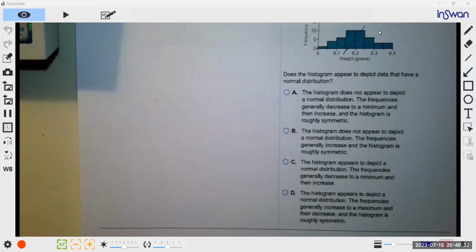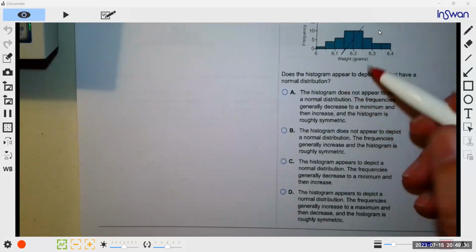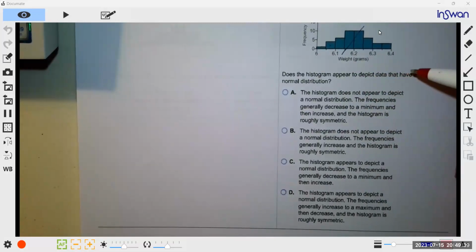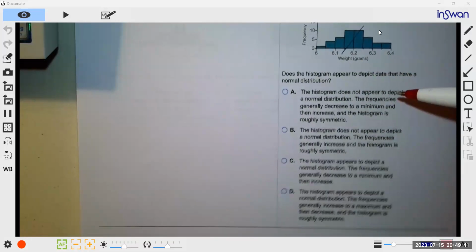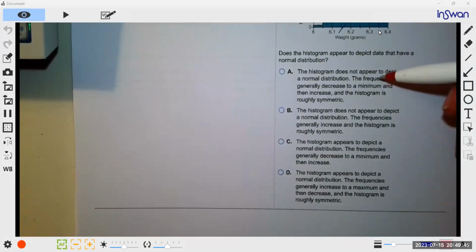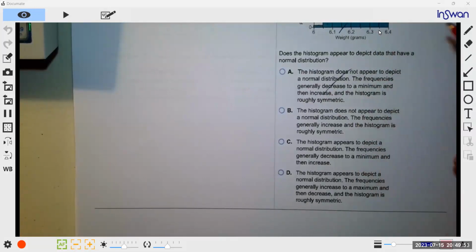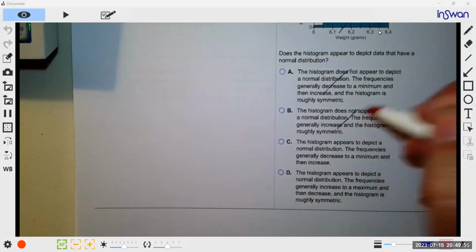So number 3. Does the histogram appear to depict data that have a normal distribution? The histogram does not appear to depict a normal distribution. It does look like a bell curve, so that can't be right.